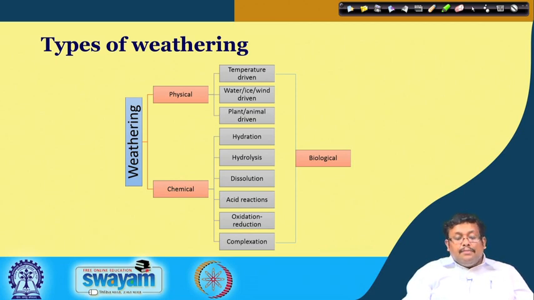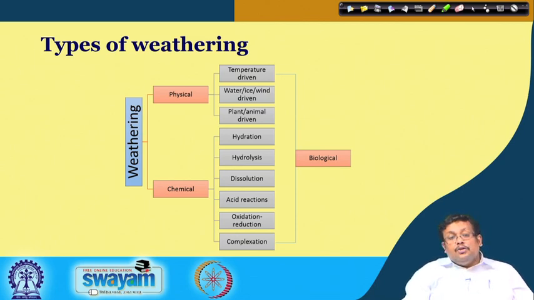Now, as I have already told you at the beginning of this lecture, biological weathering is a combination of both physical and chemical weathering, because biological agents like microorganisms, macroorganisms and plant roots can exert different types of physical or chemical pressure.